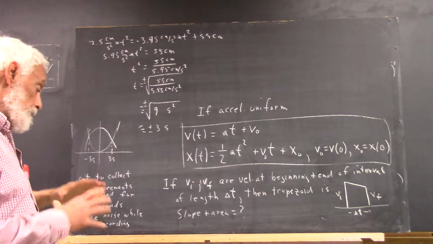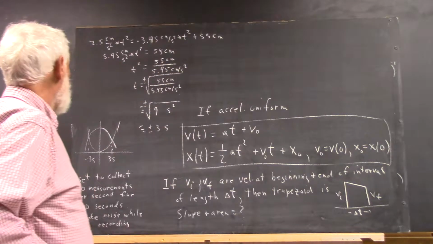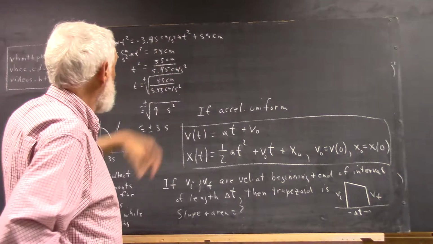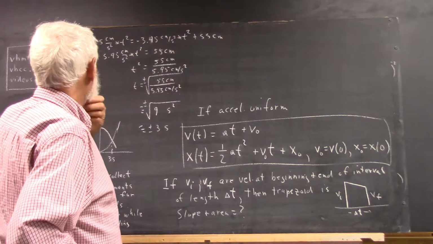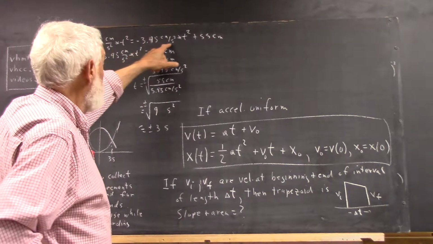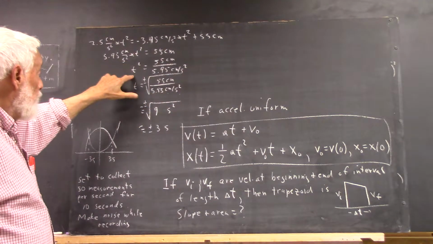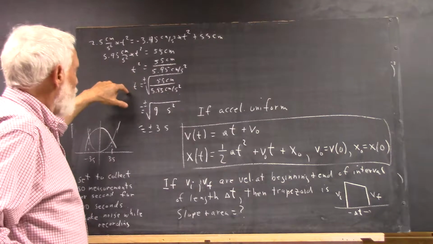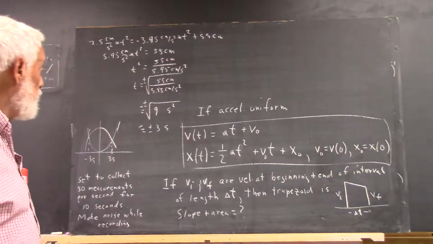For the data that I was using, these are the two equations. This is x1 of t, this is x2 of t, as we've seen. Set them equal, and then we add 3.45 centimeters per second squared times t squared to both sides, divide by the coefficient of t squared. That t is going to be plus or minus the square root of that result.